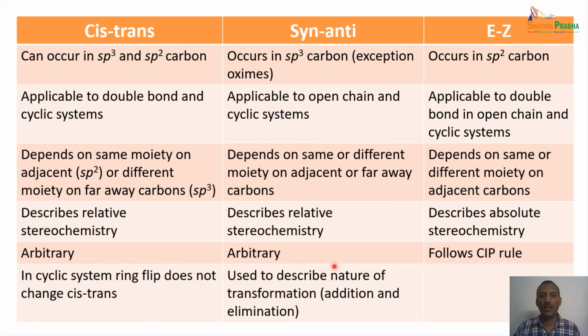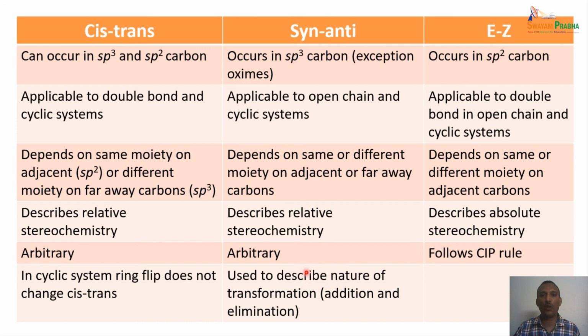In the case of Syn-Anti, basically this can also be used to describe the nature of transformations in the case of additions and eliminations. Basically we have syn addition and trans addition, or the anti-addition. We also have syn elimination or anti-elimination. So these are a couple of terms which we will be studying in this and a couple of other sessions also.